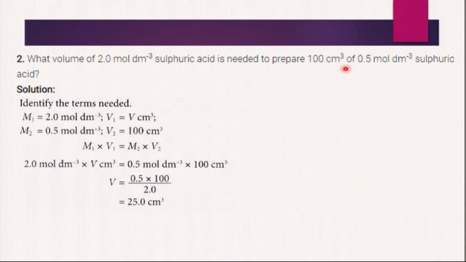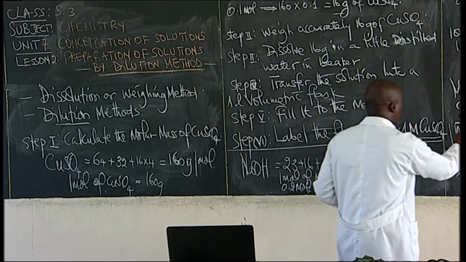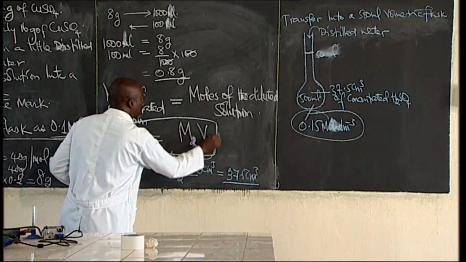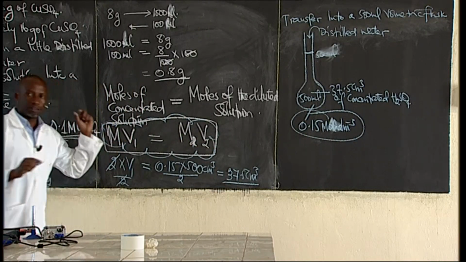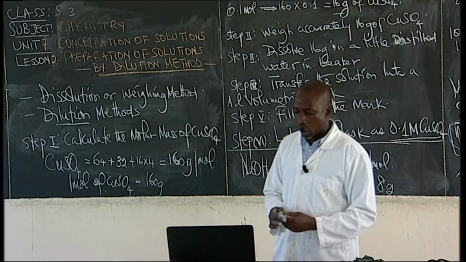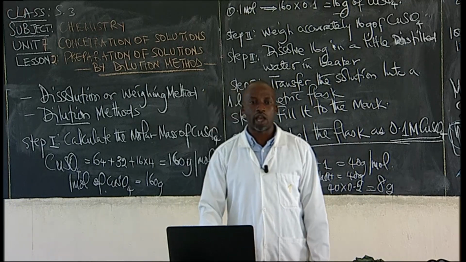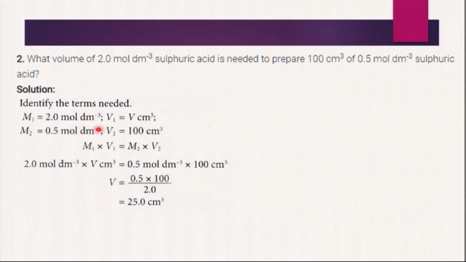As I said earlier, identify which is M1, M2, V1, V2. For example here, M1 is 2 molar because that is the concentrated acid.